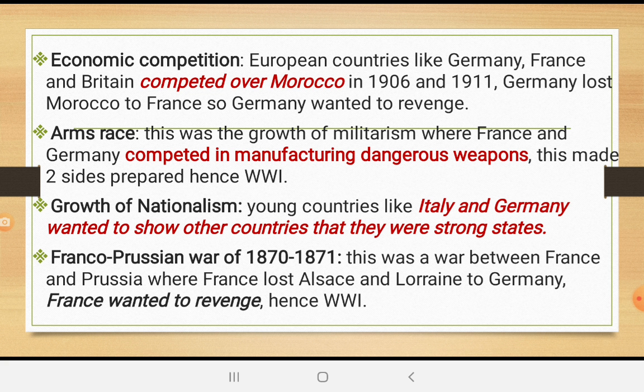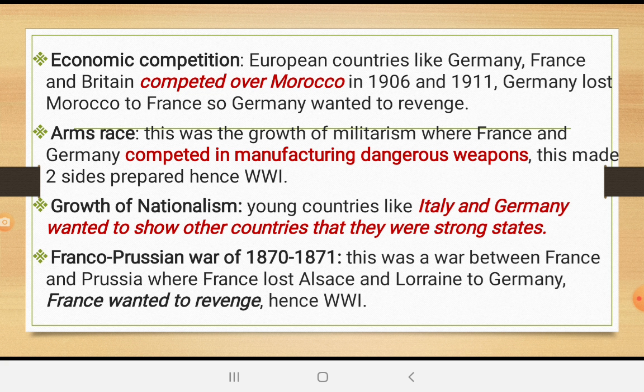We can say somehow that it is like a war between France and Germany. And during this war, Prussia defeated France, and France lost its territories, Alsace and Lorraine, to Germany, or rather to Prussia.